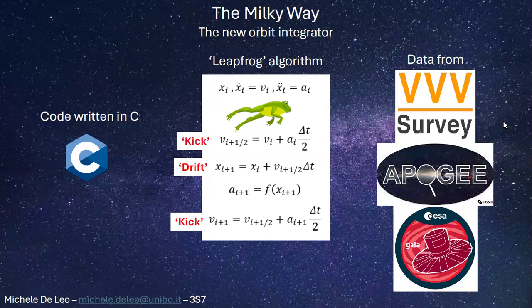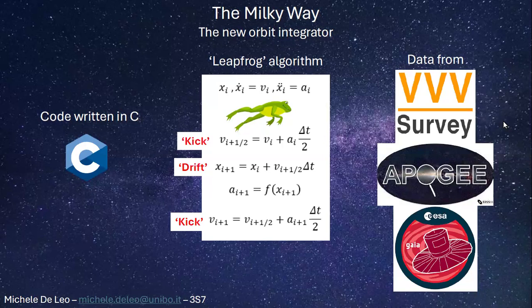So my code is written in C, and I use the leapfrog algorithm, which is a modified form of a Verlet integration. Basically, it works with this scheme over here. So at each time step, you compute the velocity at the half time step, then you compute the position, then you do the very expensive calculation to compute the acceleration, which is the main quantity that you want to compute each step.